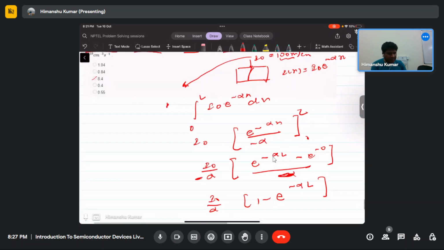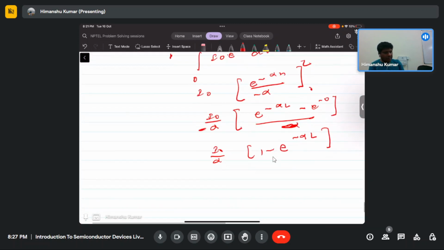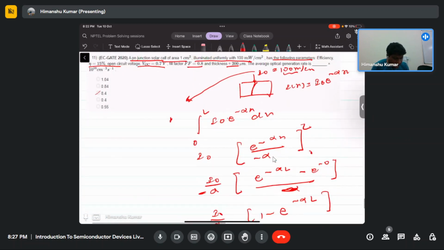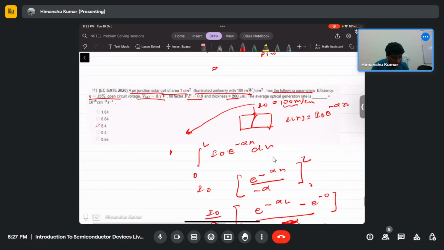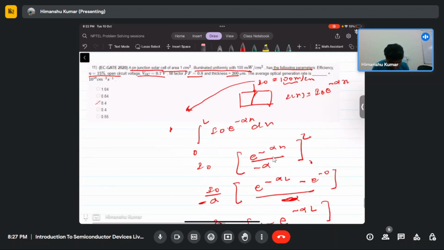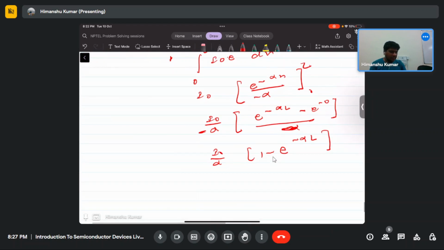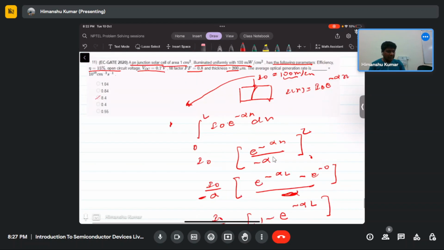So this will be the total number of photons getting absorbed, per centimeter cube, the total flux.